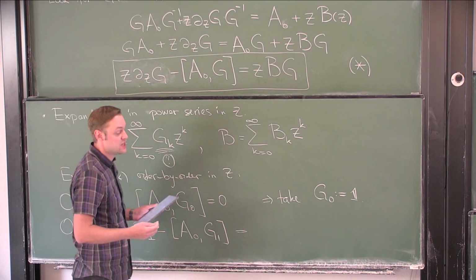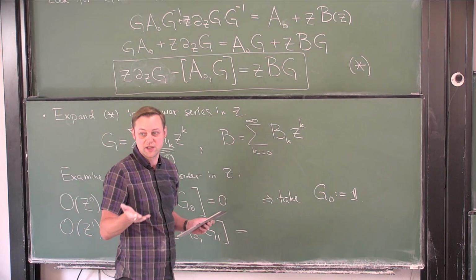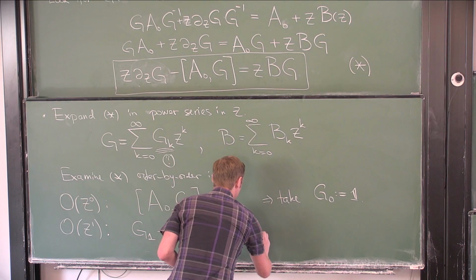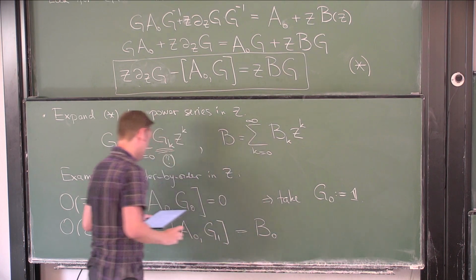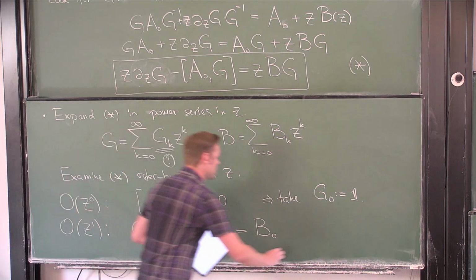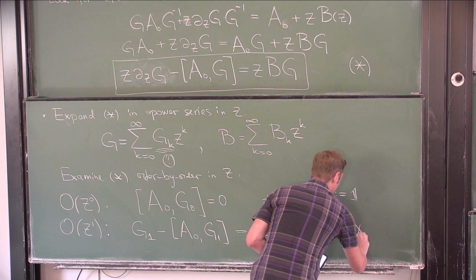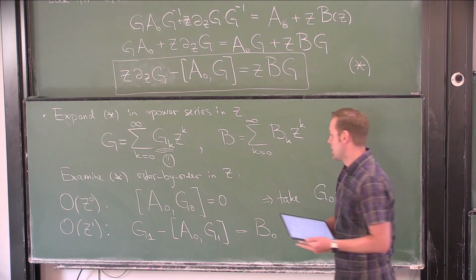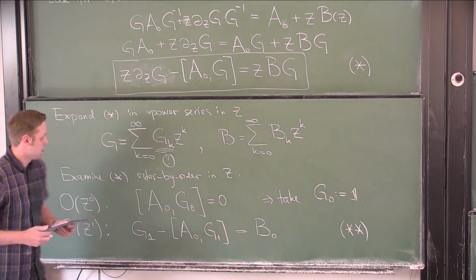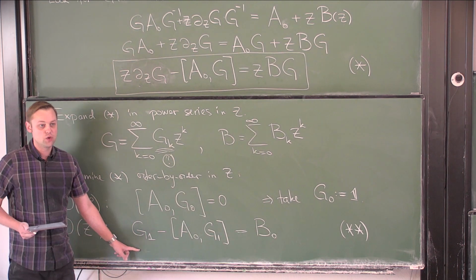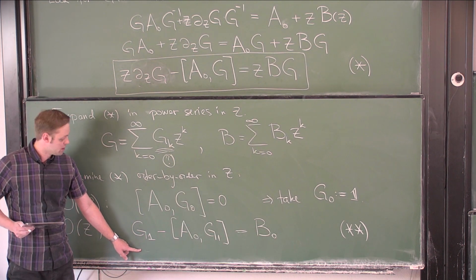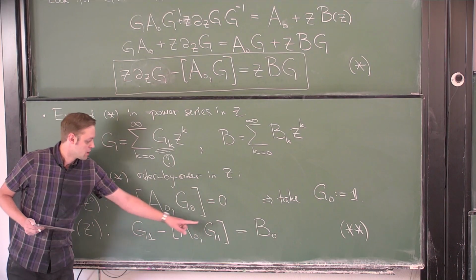B0 times G0. G0 is the identity matrix, so it's just B0. Beautiful. Let me call this equation double star. The task is to find G1, an invertible matrix G1, which satisfies this equation.